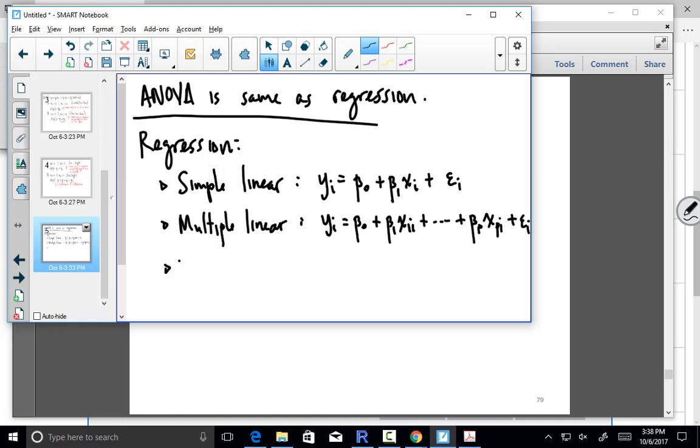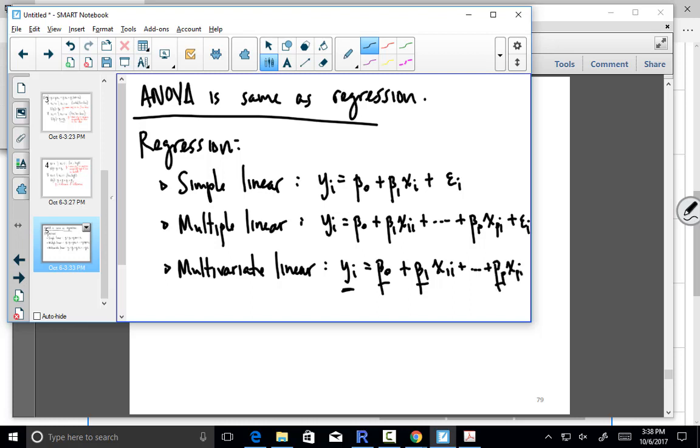And then we would have multivariate regression. And that's where y is a vector. Beta 0 is a vector. Beta 1 is a vector. So the distinction between multiple linear regression and multivariate linear regression is that the response is actually a vector.